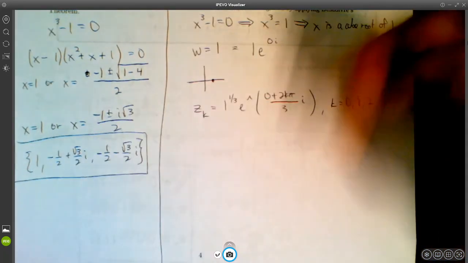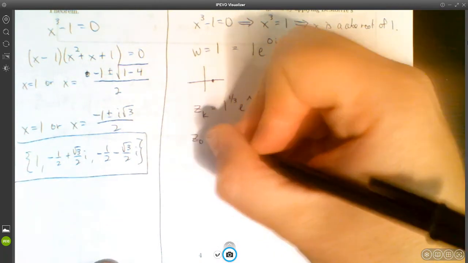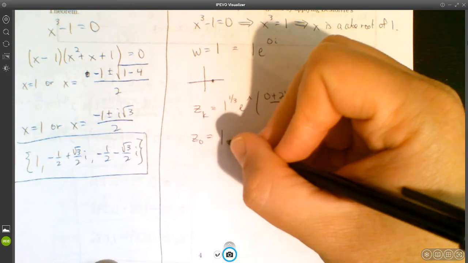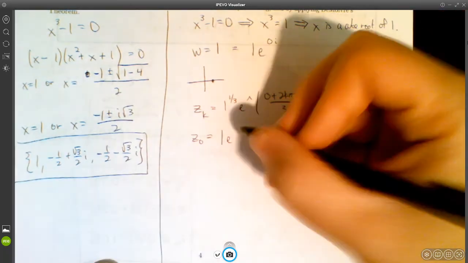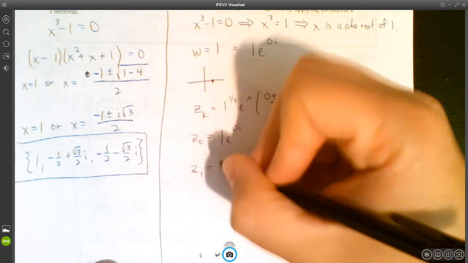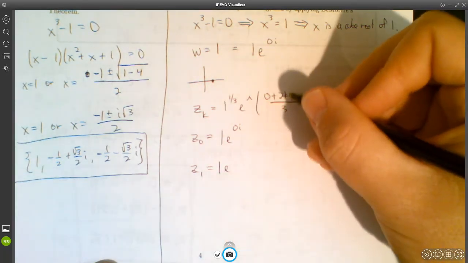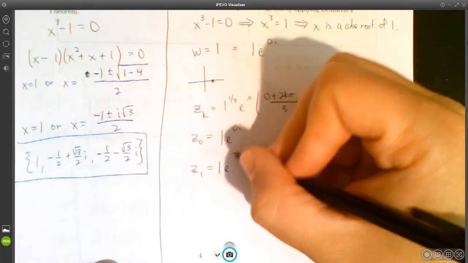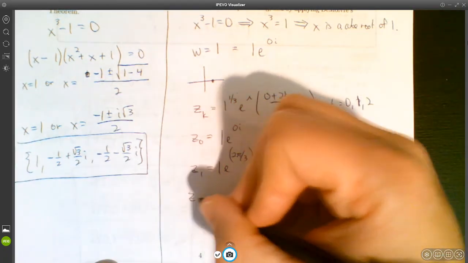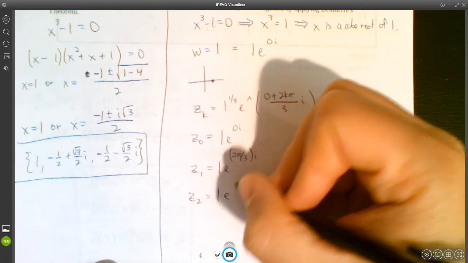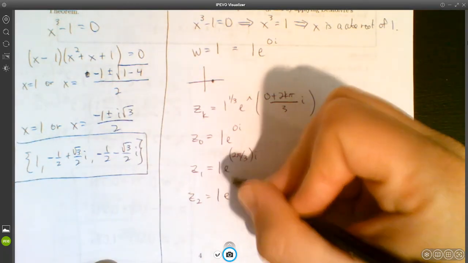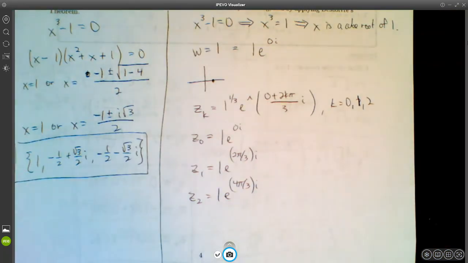So z sub 0 would be 1 to the 1/3 is just 1, so this would be 1 times e to the 0i. Z sub 1 would be 1 times e to the, well, if I plug in 1 for k, I get 2 pi over 3 i. And if I plug in 2, you get 1 times e to the 4 pi over 3 times i.